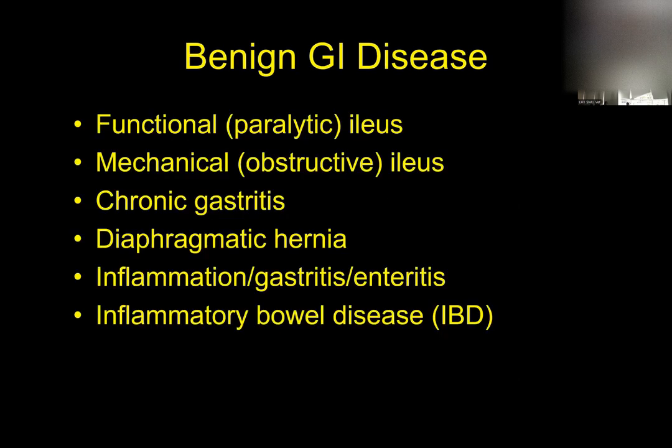Okay. So what do we see with ultrasound when we're talking about GI disease? And again, I think it's very important to consider that with the typical dog that's going to come in at 5 o'clock on a Friday and he's vomiting, the best thing to do is radiographs first. That's going to be your go-to. Do radiographs first to try to decide, do I go to surgery or do I not go to surgery?